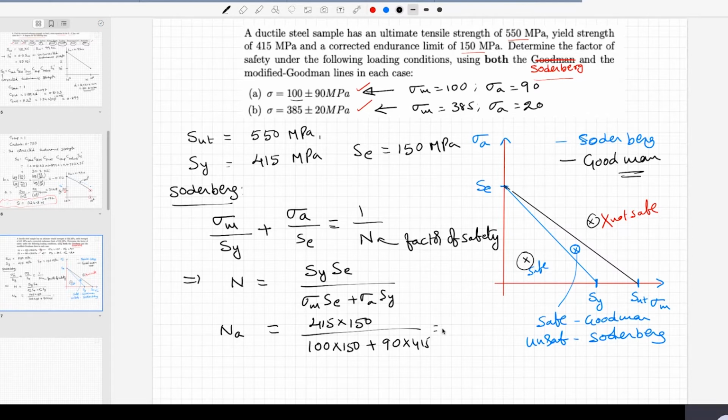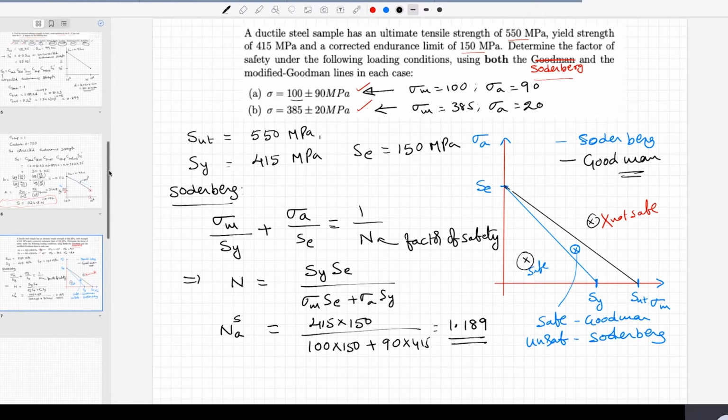That is 415 times 150 divided by 100 into 150 plus 90 into 415. So that comes out to be 1.189. That is the factor of safety according to Soderberg.